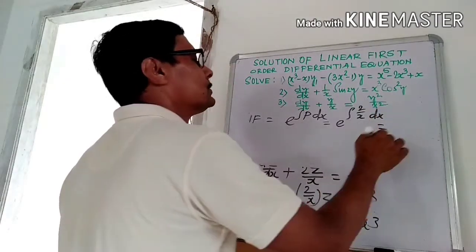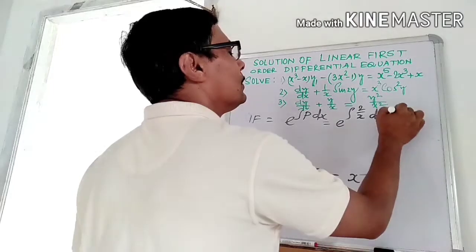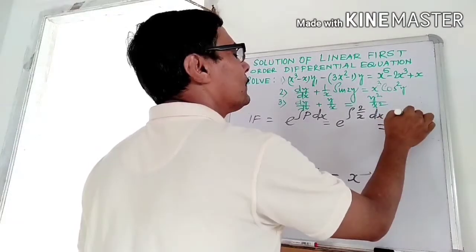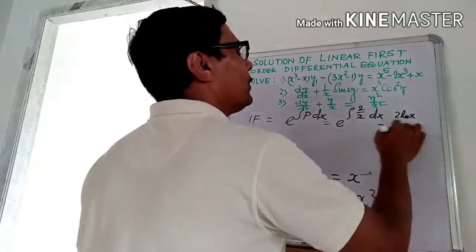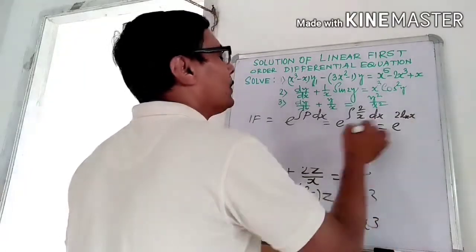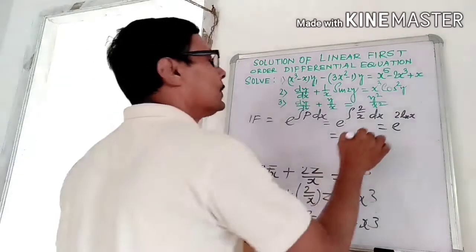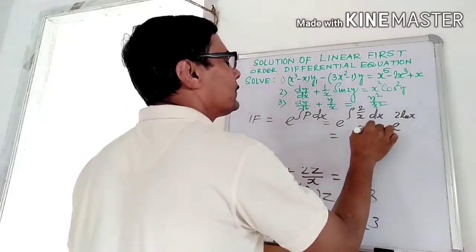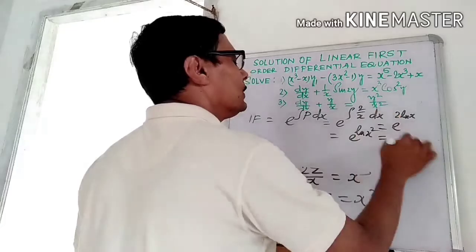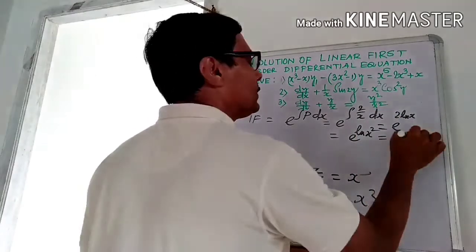If we integrate this, we get e to the power 2 log x, equal to e to the power log x square, equal to x square.